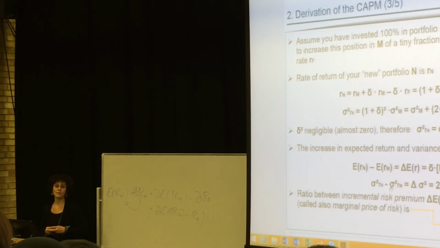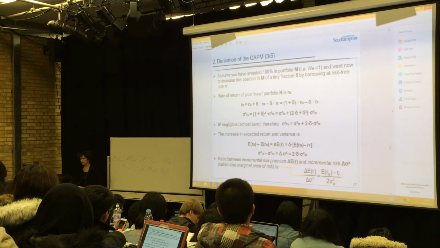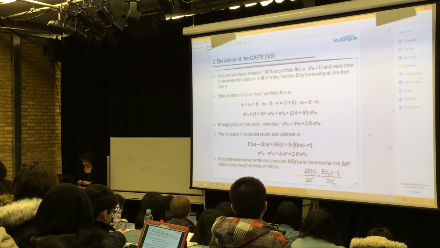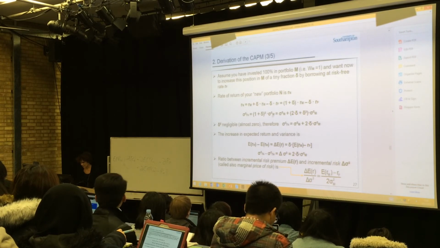What I'm trying to understand now is the incremental risk from investing just a tiny quantity more in M. Again, you take this part here, you put these terms on the other side, and then you can say that these terms minus these terms is just this quantity.